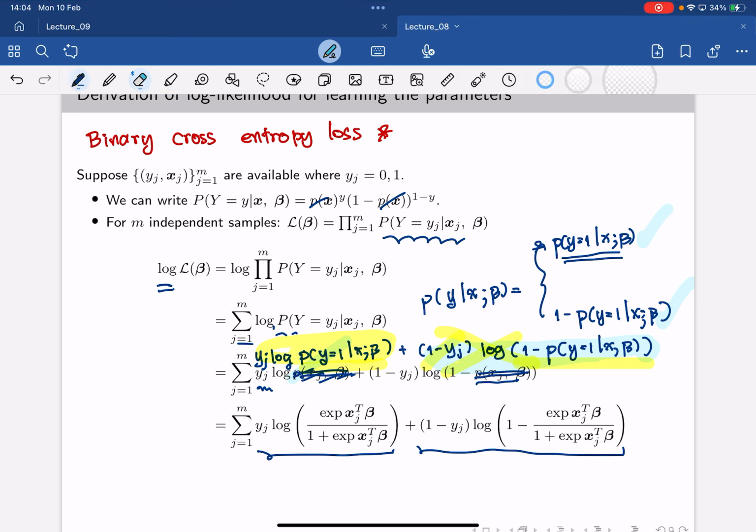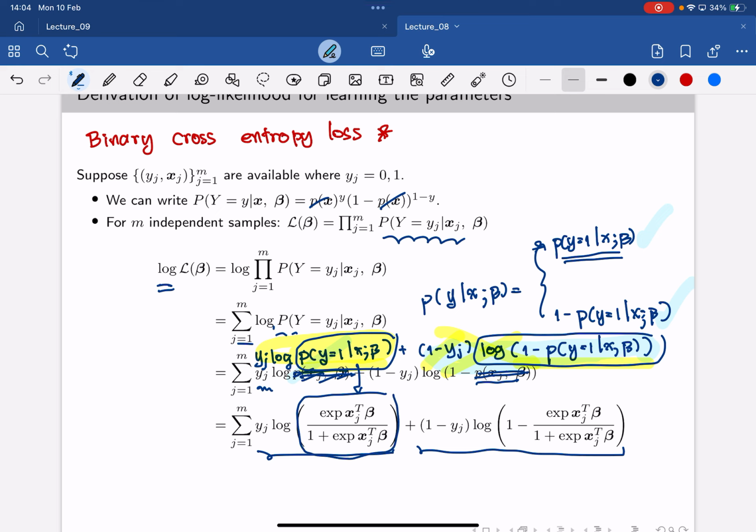Okay, and we know that for probability of y equal to 1 or probability of y equal to 0, you can actually use a sigmoid interpretation to represent it. So you can just put it down directly like that, and for this one, you just negate whatever this one was previously. That's it.